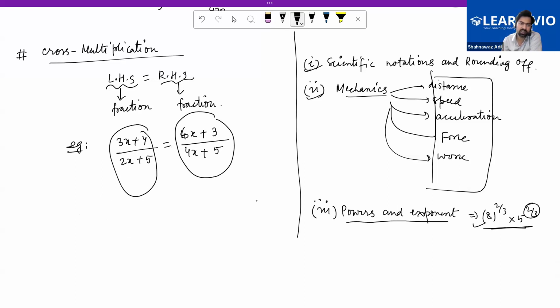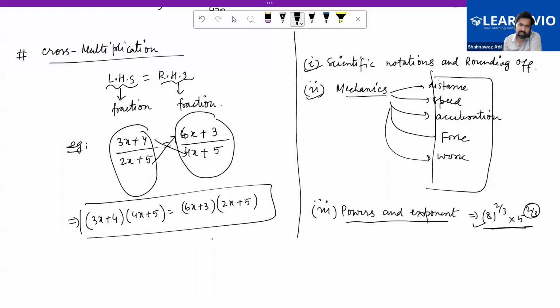So what do you do in this situation? You multiply the denominator with the numerator. So this would be 3x plus 4 times 4x plus 5, and this is 6x plus 3 times 2x plus 5. Now you guys solve this part and tell me what x you are getting.